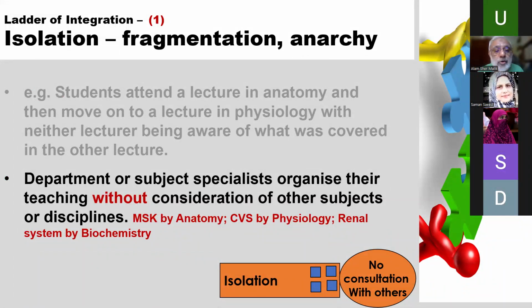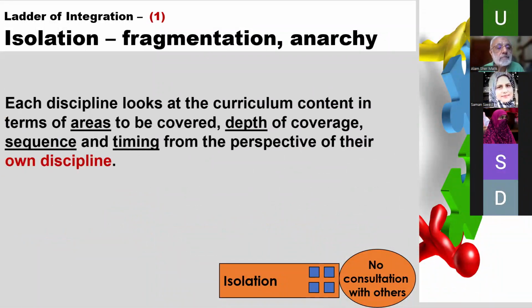Anatomy may be teaching the musculoskeletal system, physiology may be teaching the cardiovascular system, biochemistry may be teaching the renal system. So there is no link and no coordination at all. And this is what is called isolation, fragmentation, or anarchy, the first step of the ladder.